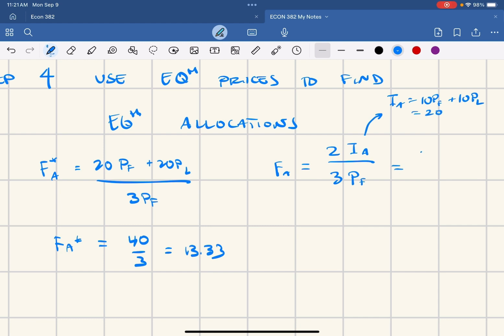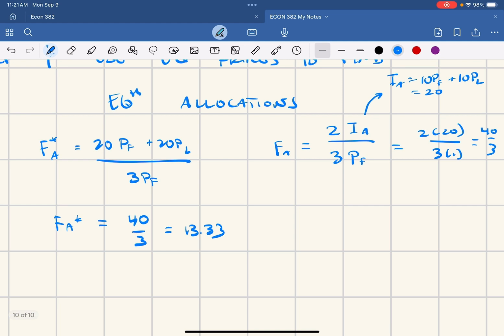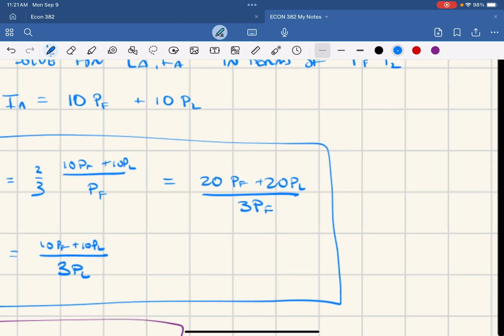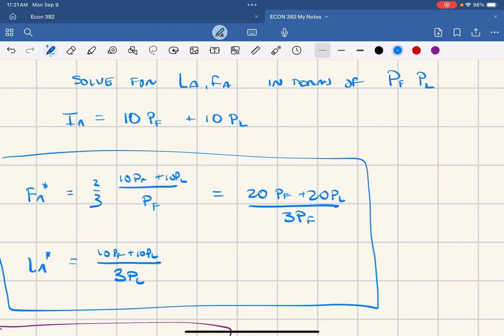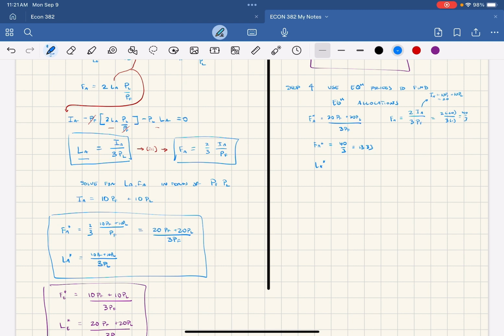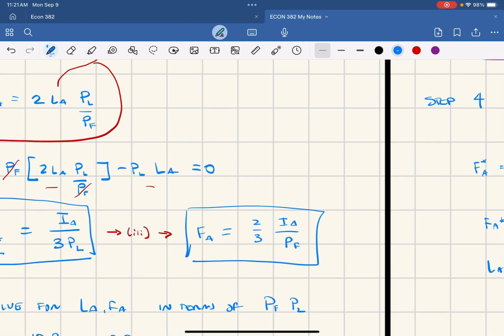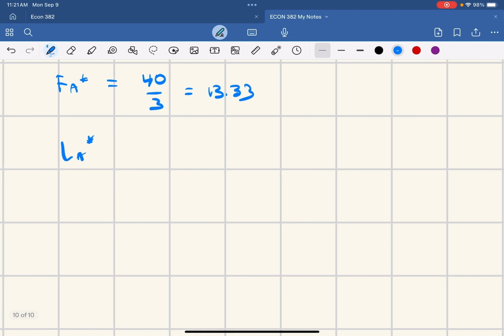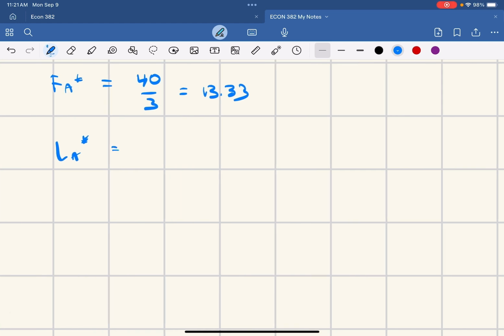So we can use this as 2 times 20 over 3 times 1, which is the same number we had before, 40/3. Either using this equation we had for optimal amount, or these equations here, either one will work to solve for his optimal amount of leaves, and we'll get 20 divided by 3, or 6.67.